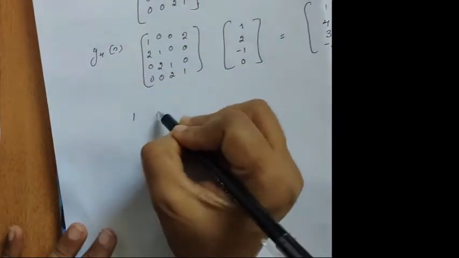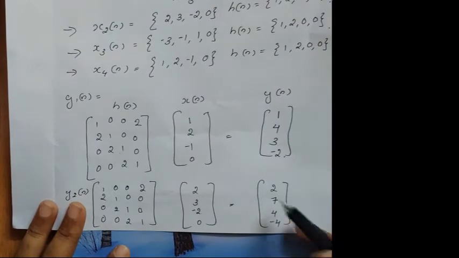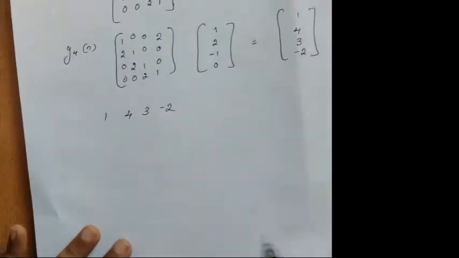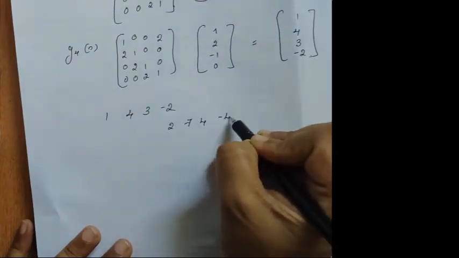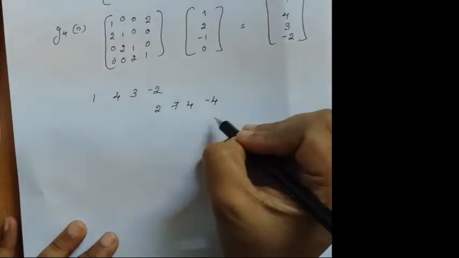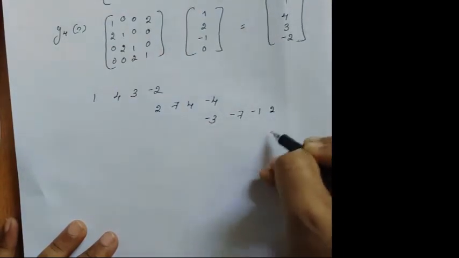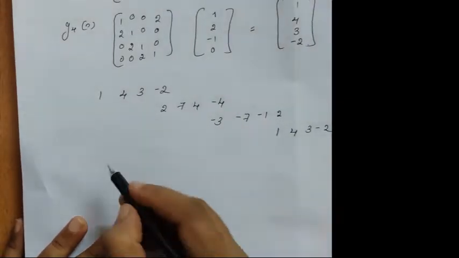Now you can write all your answers: 1, 4, 3, minus 2; 2, 7, 4, minus 4; minus 3, minus 7, minus 1, 2; 1, 4, 3, minus 2.